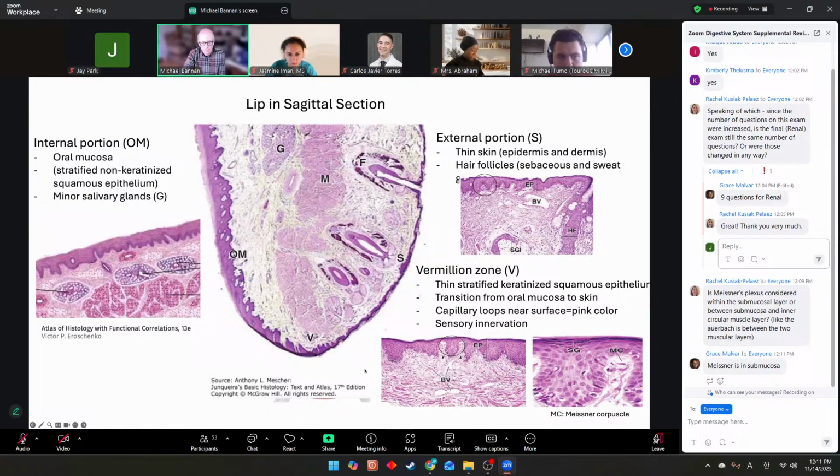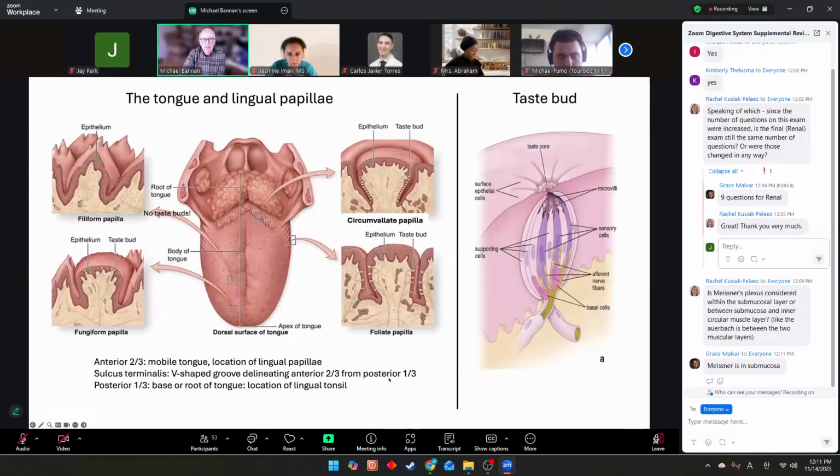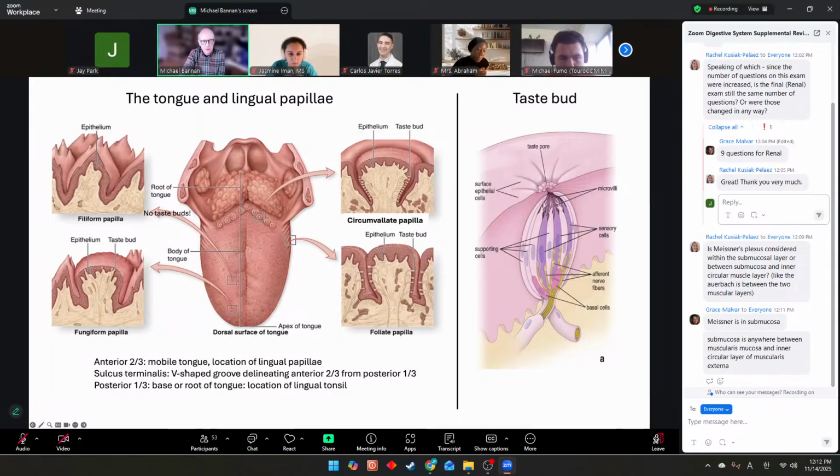Let's look at the tongue. We spoke about the tongue, and we know that the tongue has two big functional zones. The anterior two-thirds of the tongue we refer to as the oral tongue or the mobile tongue, and this is where we find most of the lingual papillae.